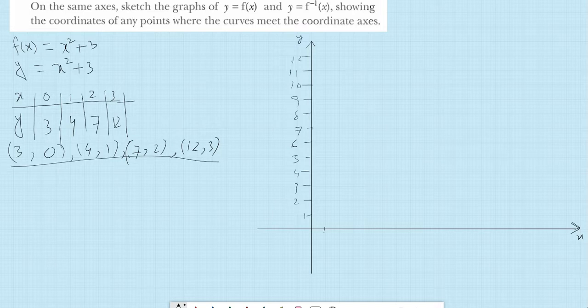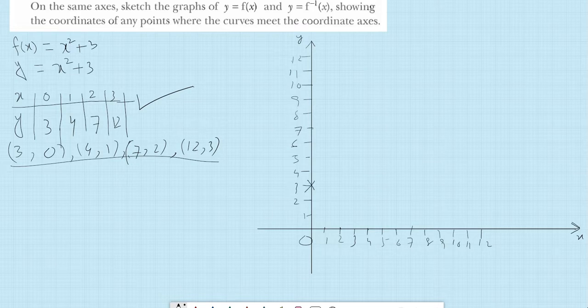On the x-axis, 1, 2, 3, 4, 5, 6, 7, 8, 9, 10, 11, and 12. Now plot this function first. This is f(x): x=0, y=3.